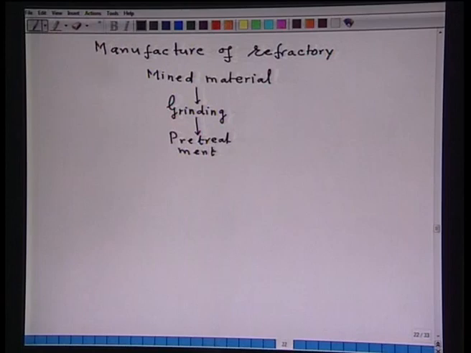Pretreatment means what? The ground material is heated to a very high temperature. Why? Because materials have different phases at different temperatures. There may be allotropic transformation, which may be accompanied by volume change.